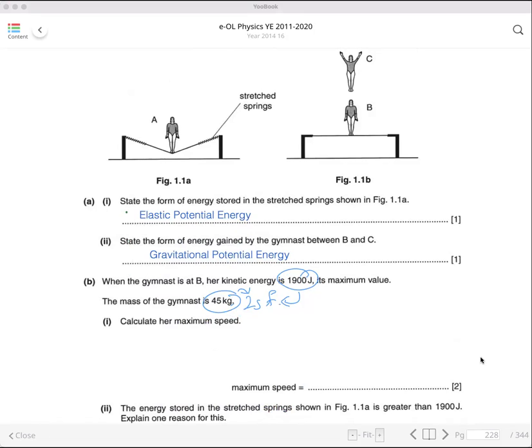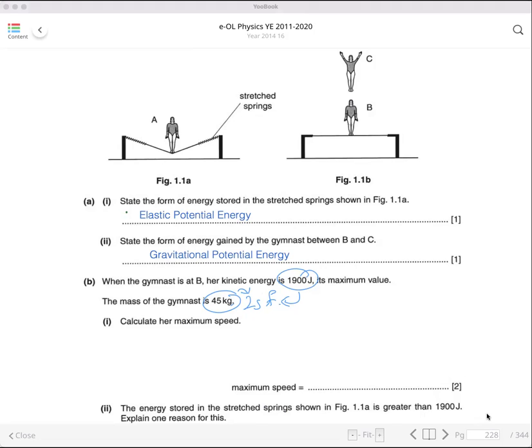You have to follow what your teacher teaches you, it's fine. Okay, Bei Guan, what's your answer for part 1? For part 2, let me explain to you. Why would the elastic potential energy be greater than 1900 joules?